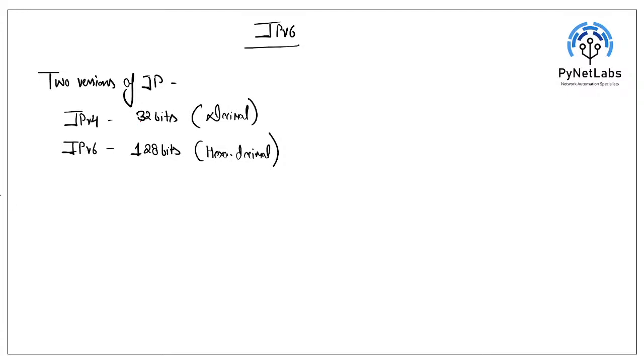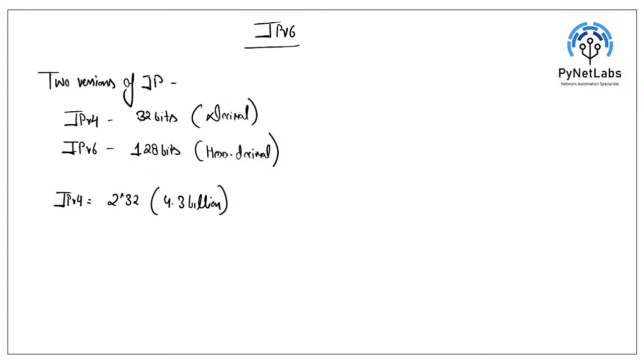The main reason is the shortage or exhaustion of IPv4 addresses. Technically, IPv4 has 32 bits, so 2 raised to the power 32 gives about 4.3 billion addresses. This 4.3 billion count is not going to support the rapid growth of growing networks.